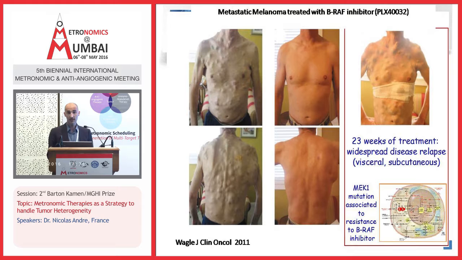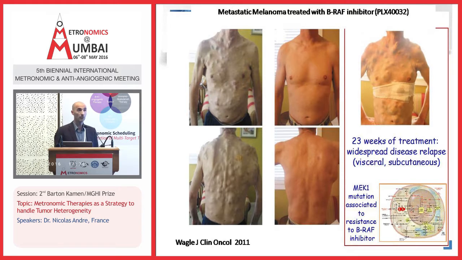We know that in a tumor, all these different cell clones are present very early, at the beginning of the genesis of the tumor. This is one of the reasons why targeted therapy may work and then stop working. There is a very famous case report that was published in JCO 5 years ago. This is a patient with a heavily metastatic melanoma, treated with a BRAF inhibitor.